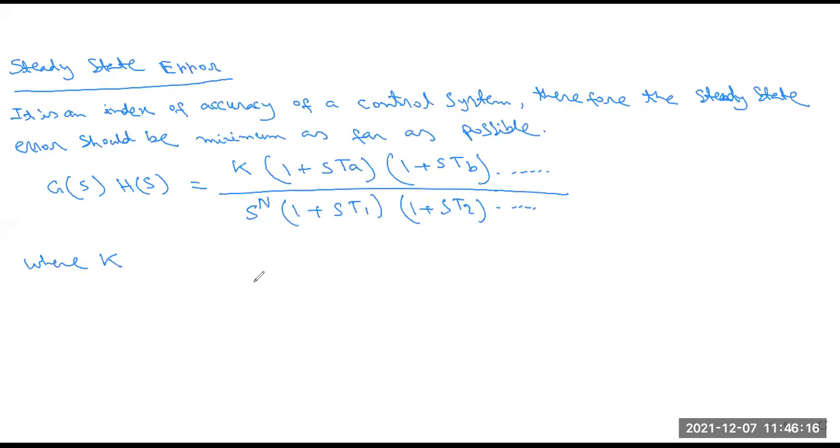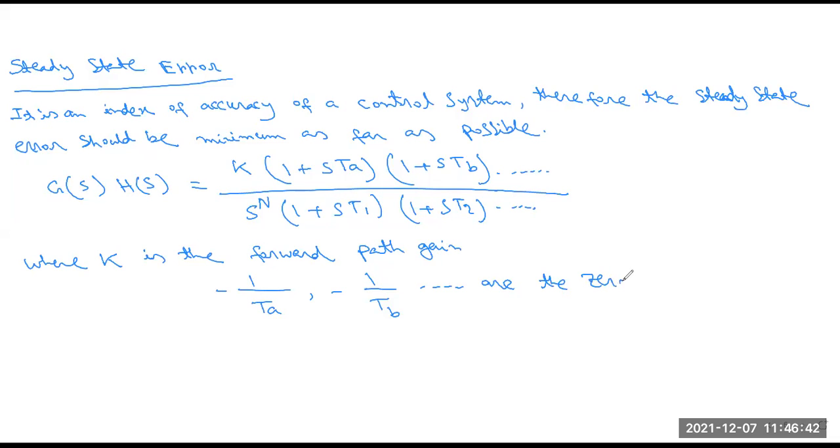And here, minus 1 by TA, minus 1 by TB are the zeros.